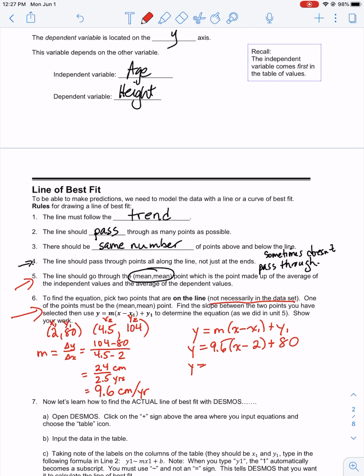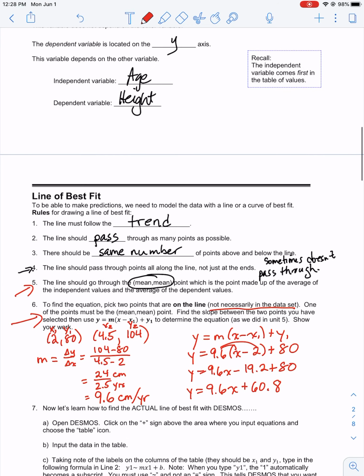So now you want to multiply this out. This 9.6 does not get multiplied by the 80. The 9.6 is next to the bracket. It's not near the 80. So 9.6x minus 19.2 plus 80. So y equals 9.6x plus 60.8.